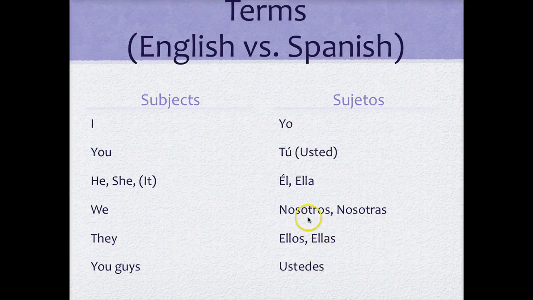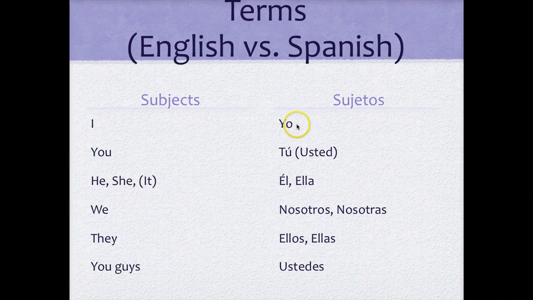And there are only two subject pronouns in the Spanish language that I'm covering here that relate formality, usted, and informality, tú. None of the other subject pronouns, yo, él, ella, nosotros, nosotras, ellos, ellas, ustedes, none of those relate formality or informality. Some of you may have heard of the subject pronoun vosotros, but as you can see, I don't cover that in my lessons.